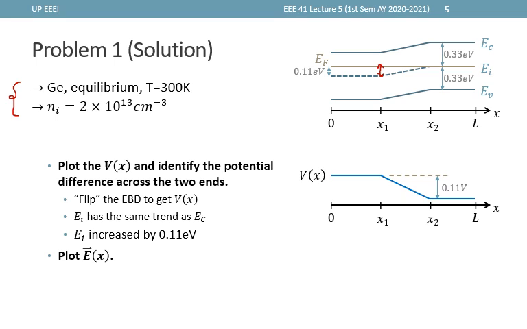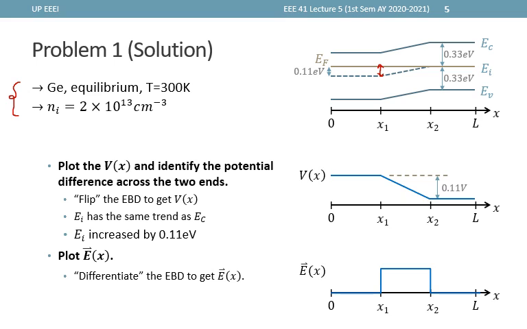For the electric field, we have to differentiate the energy band diagram, or we can actually just refer to the EC. So at the two ends, EC is flat, so the slope is 0, and therefore the electric field must be 0. However, in the middle, it is linearly increasing, and therefore its slope must be constant.